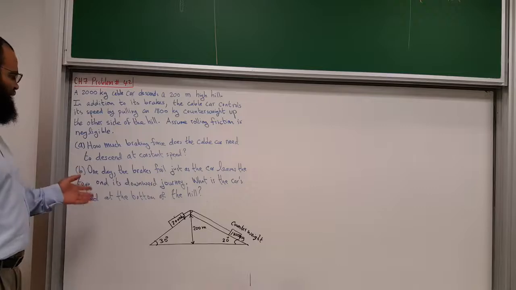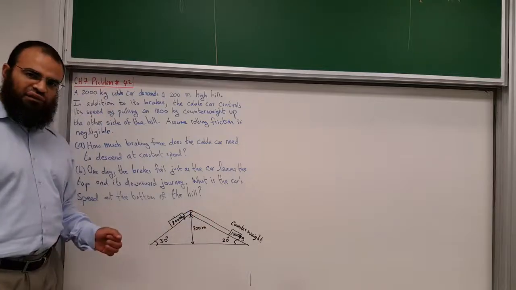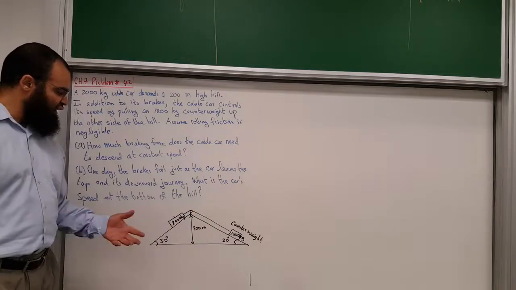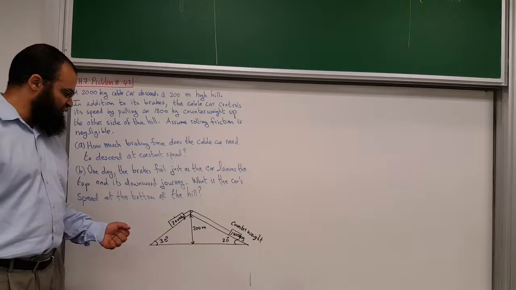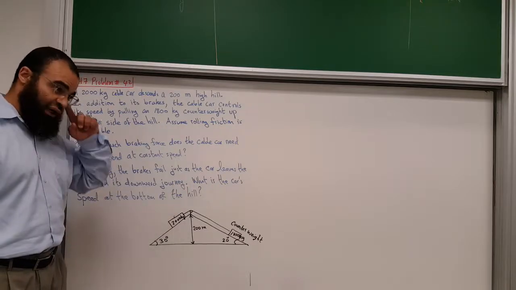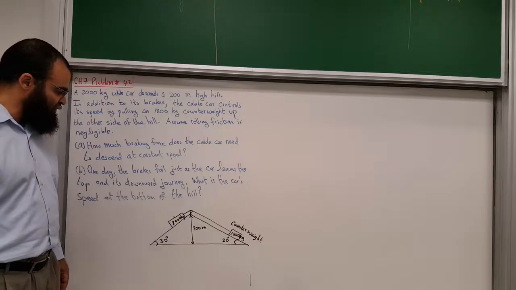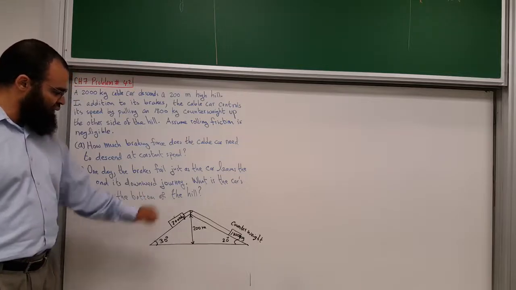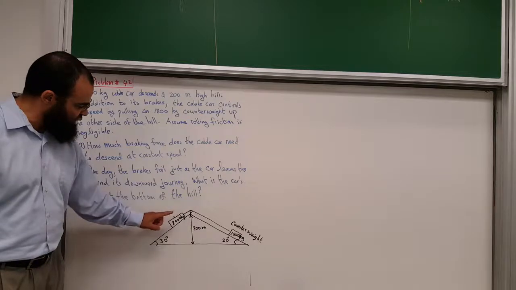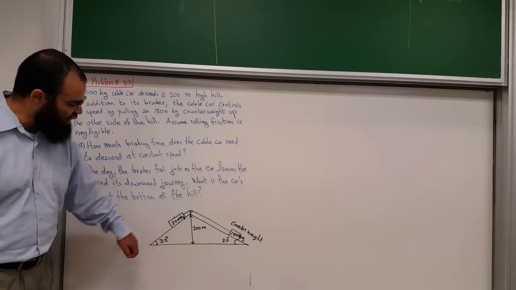The cart, to control its speed, is connected to the counterweight. And then the cart also has brakes, so the brakes will apply an additional force backward. So there is tension this way, and then there is the braking force this way. And then there is a component of mg downward.